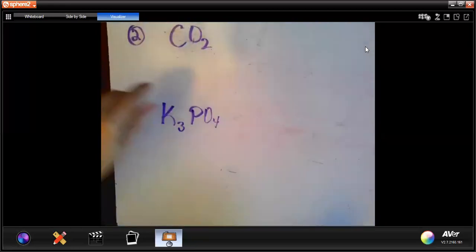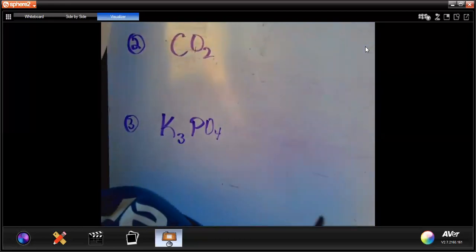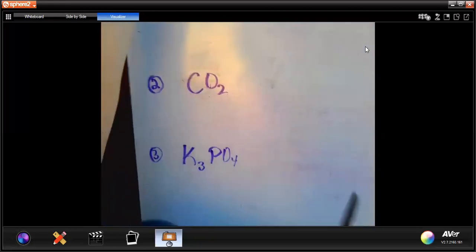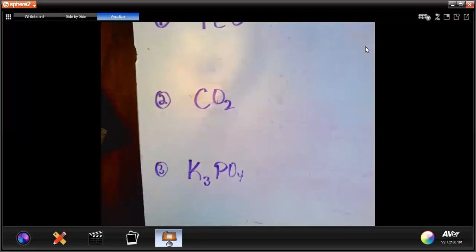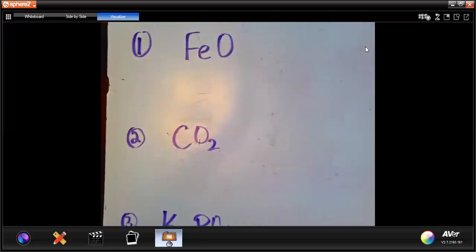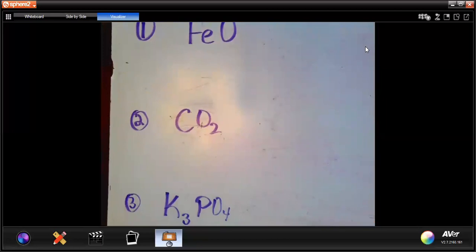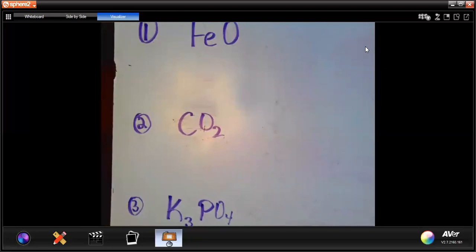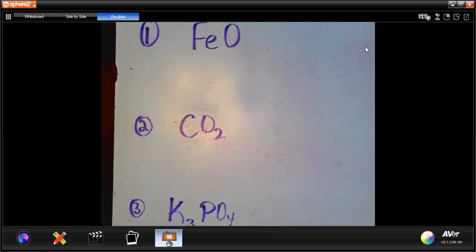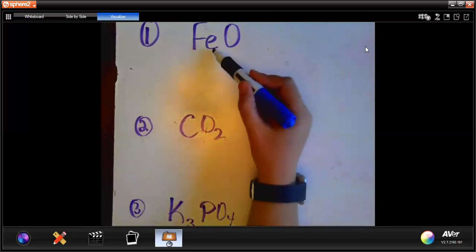So when you are doing your practice later, you're going to want to first come up with a system. I say to do two things. First is determine, is it ionic or is it covalent, right? And so you can just put an I or C, and some worksheets that you have, it tells you to do just that, right? So here we have iron and oxygen.